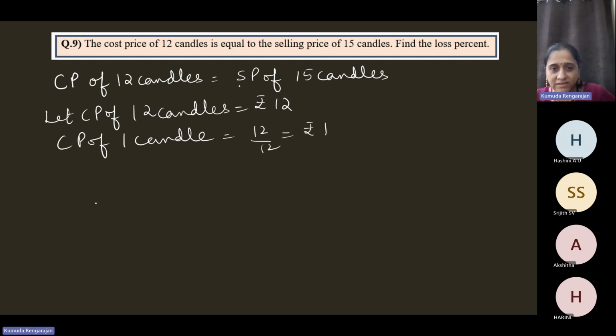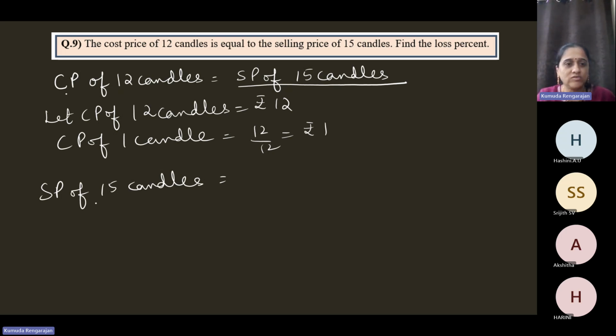Now take this one, SP of 15 candles. Don't say let. What is SP of 15 candles? It is equal to CP of 12 candles. And what is CP of 12 candles? 12 rupees.